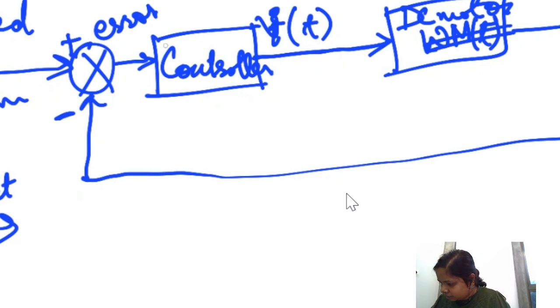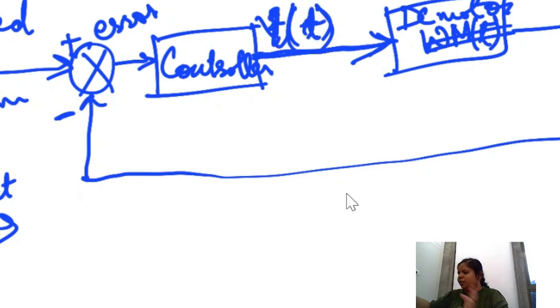The error will be processed in the controller. Controllers are of many types and you'll see them in later classes. So after processing, a desired input is sent, which is let's say current, that this much current should be given to the DC motor to generate an rpm of 1500. So this process continues and the output is always maintained at 1500 rpm. So we take care that the DC motor's speed should always be this. That is basically what we do here.